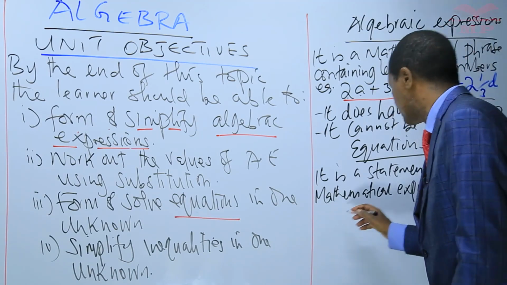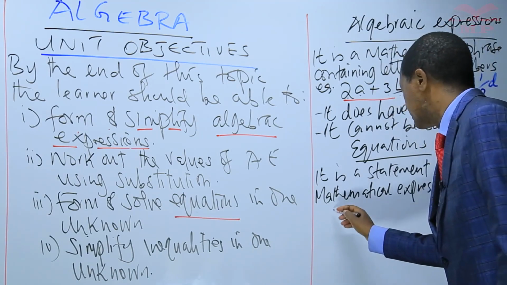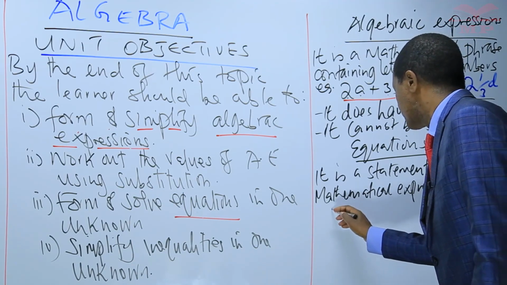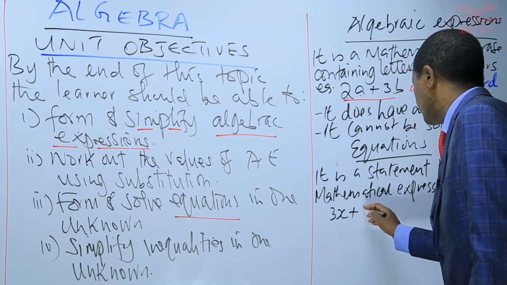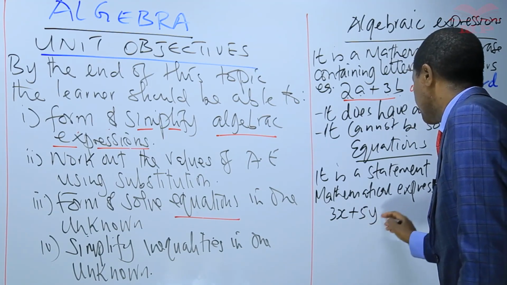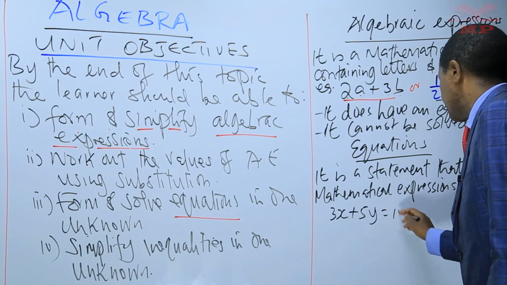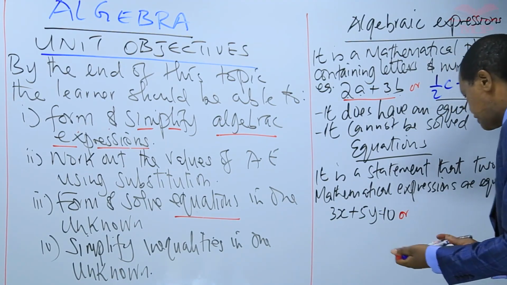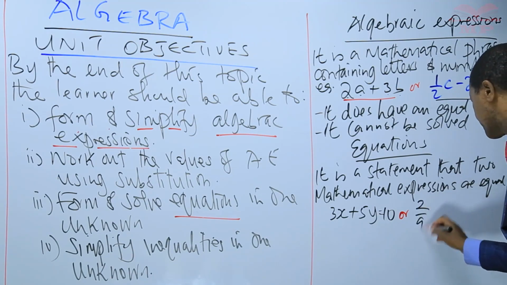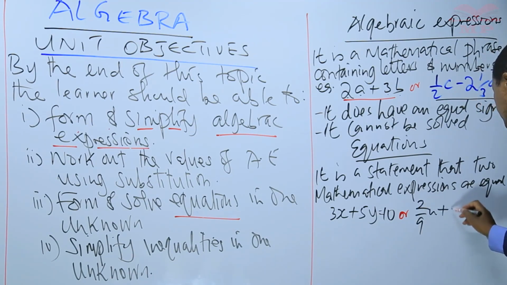For example, we can have 3x plus 5y is equal to 10, or we can say 2 over 9n plus 4 is equal to 5 over 9n.